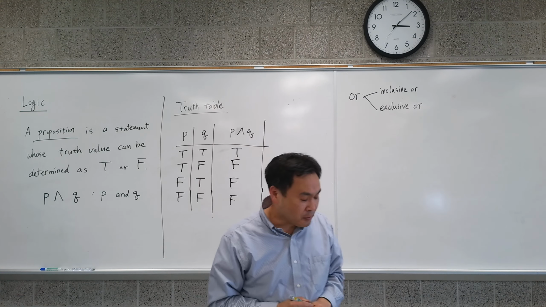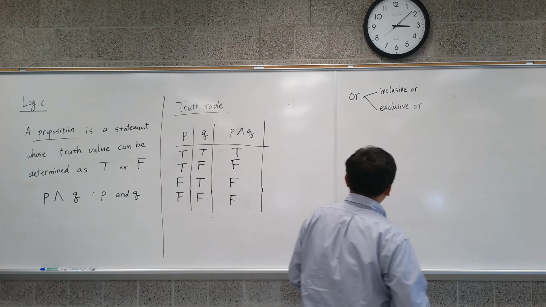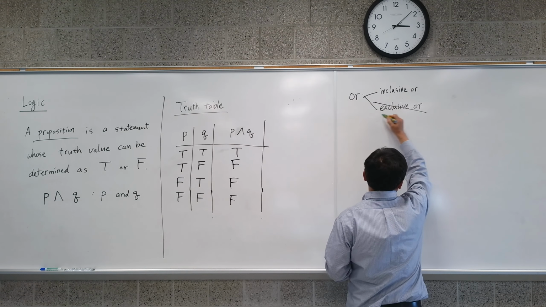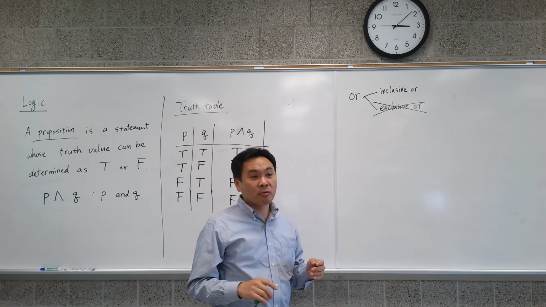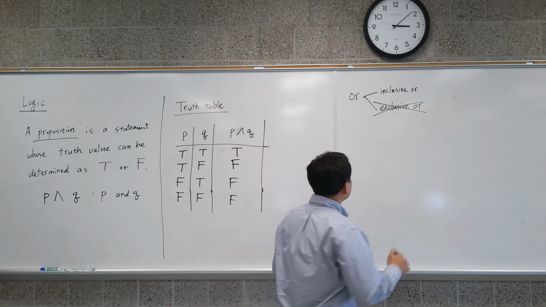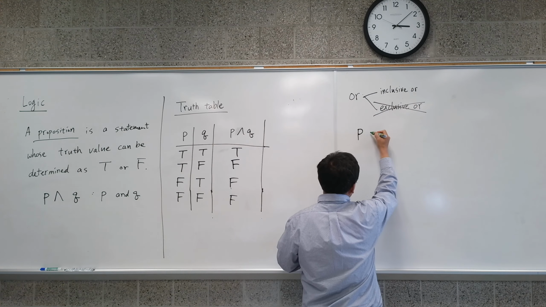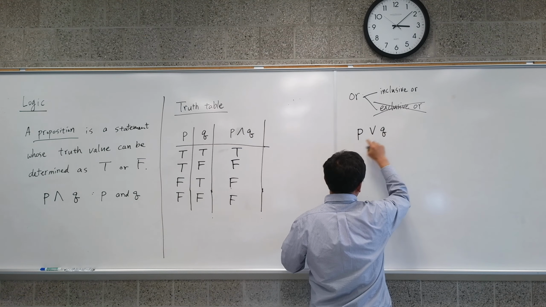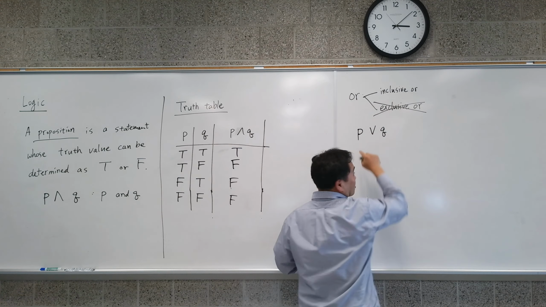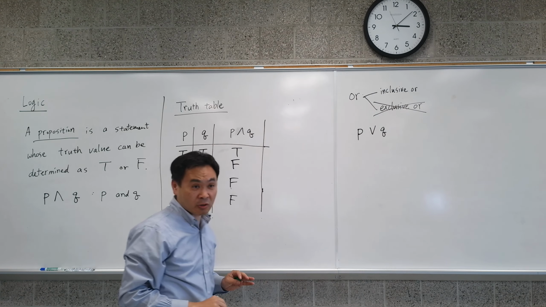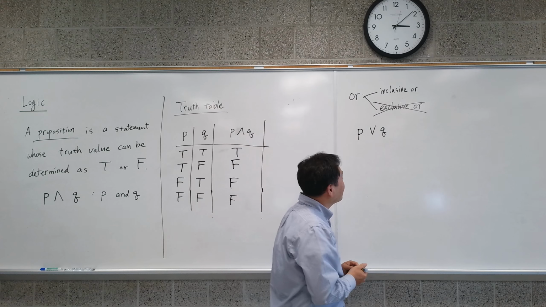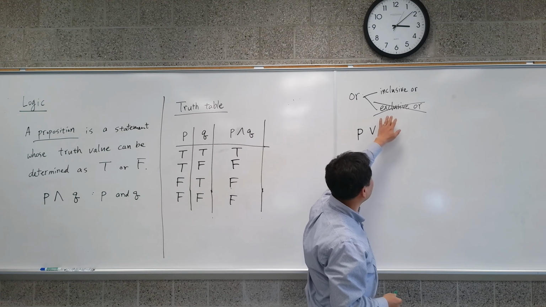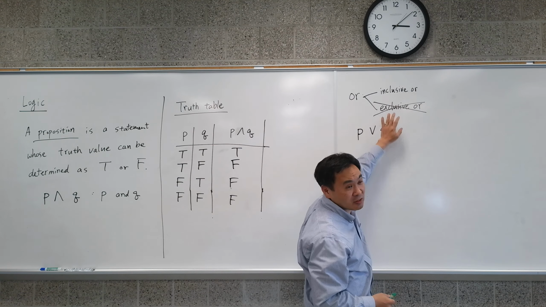You really need a single, well-defined meaning for things. So what we're going to do is not use exclusive or, but use inclusive or for mathematics. And here, when we write P or Q, this is really the inclusive or version of P or Q, okay? And there's a separate symbol for exclusive or, but there isn't any universally agreed upon symbol for this.